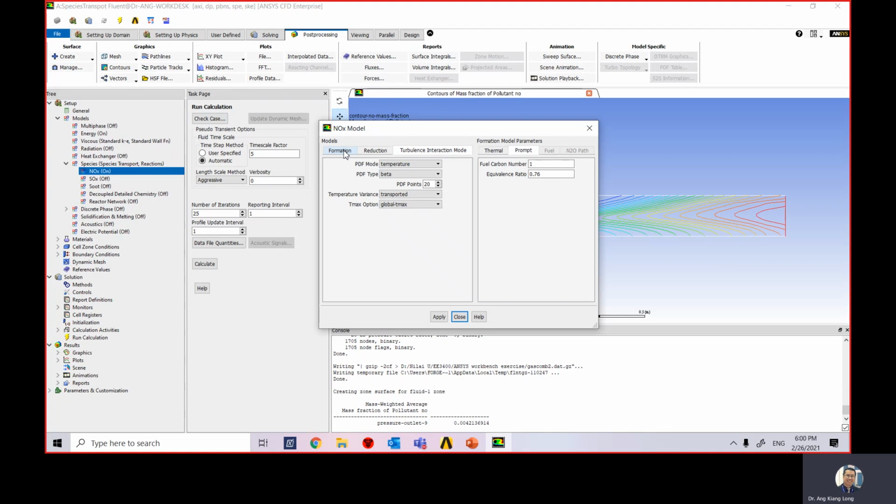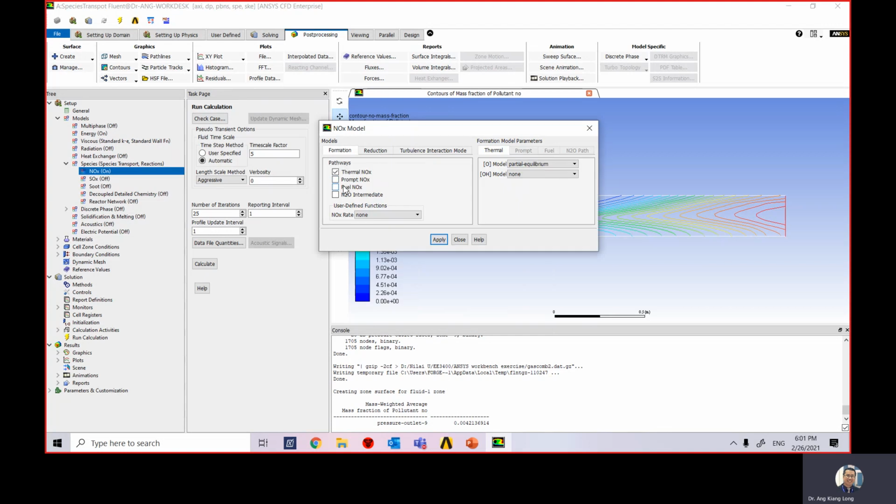So you go to formation. Just now the data we show is two types of NOx or pollutant. Now we look at thermal NOx only. So we disable this one. Then we click apply.